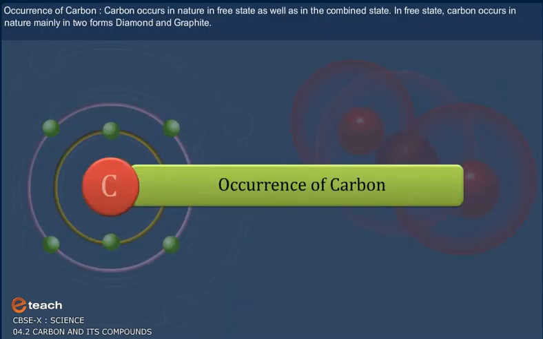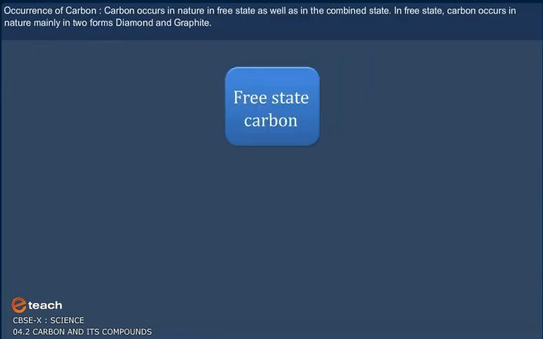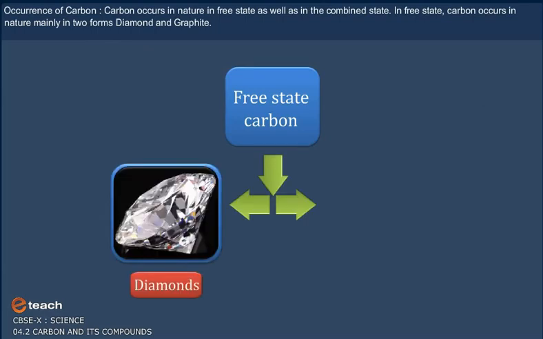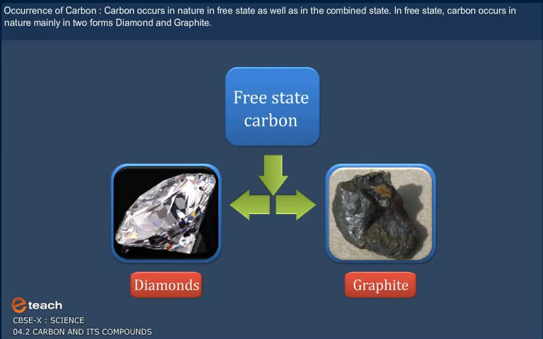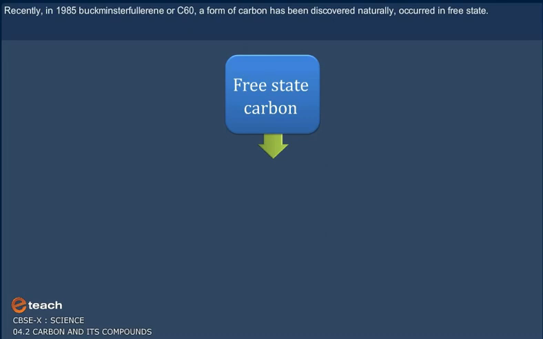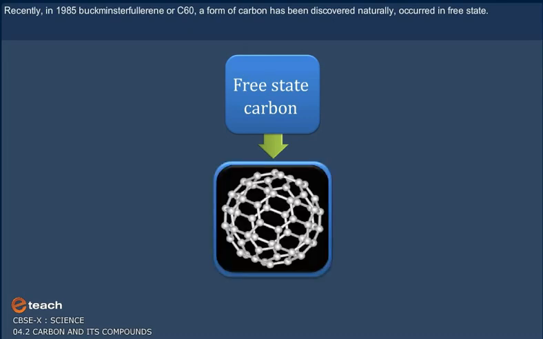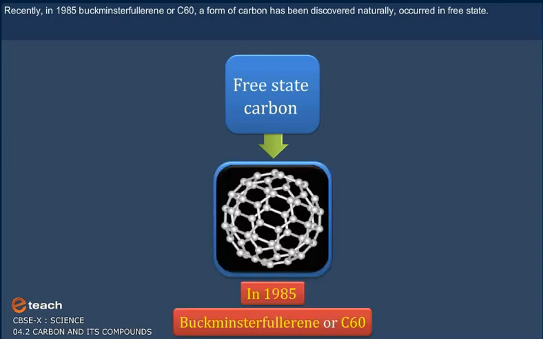Occurrence of carbon. Carbon occurs in nature in the free state as well as in the combined state. In the free state, carbon occurs mainly in 2 forms, diamond and graphite. Recently, in 1985, Buckminster Fullerene or C60, a form of carbon, was discovered occurring naturally in the free state.